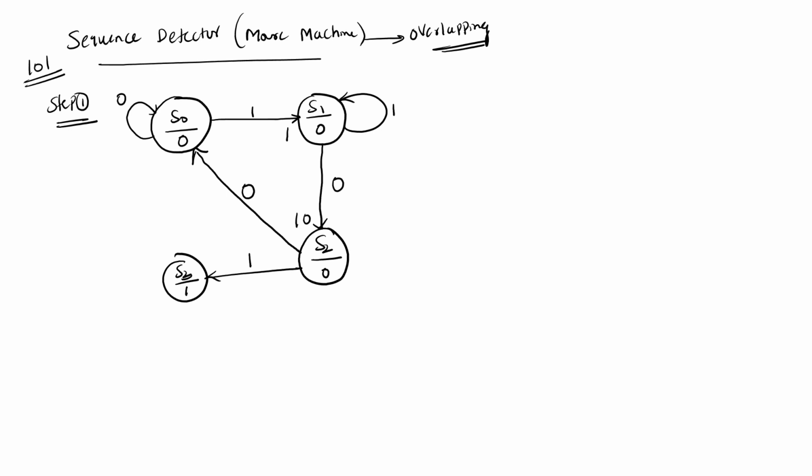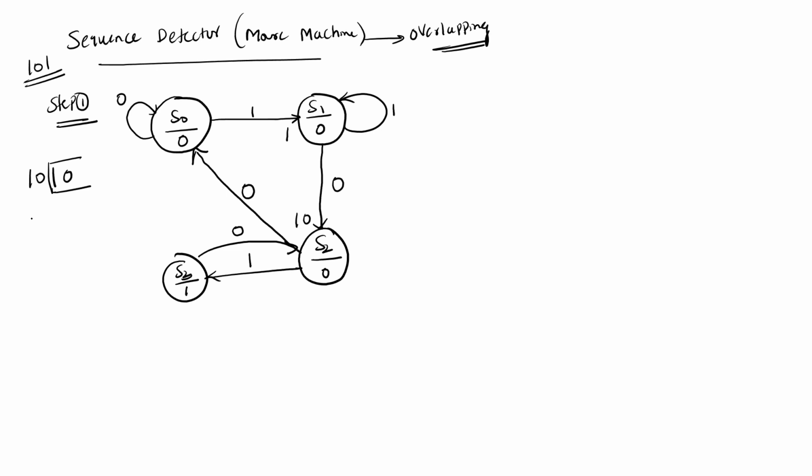At S3, I need to check for both 1 and 0. So 1, 0, 1, and after that if I get 0, this is overlapping, so 1, 0 is overlapping and it will go to S2.